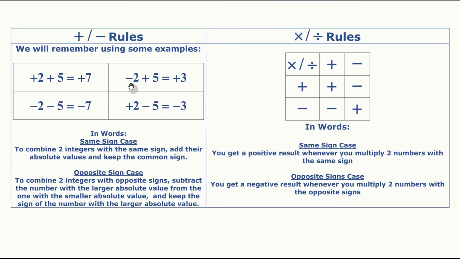So with this one, imagine that you let your bank account get overdrawn and it's at a balance of -$2, and then you deposit $5. So what's your balance now? See, money interactions or transactions are a good way of making sense of why these rules work the way they do, right?